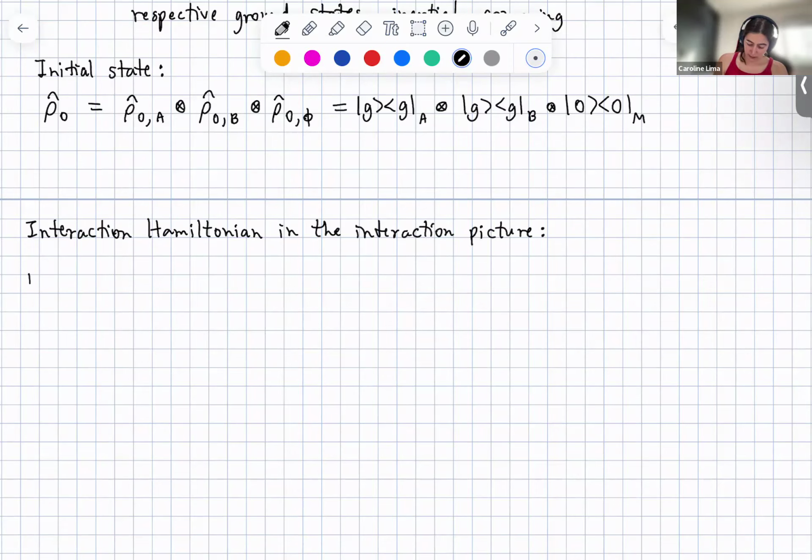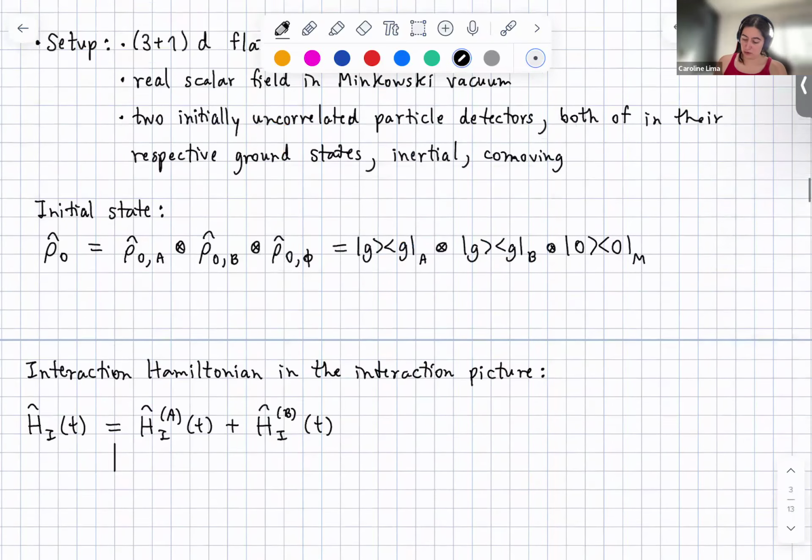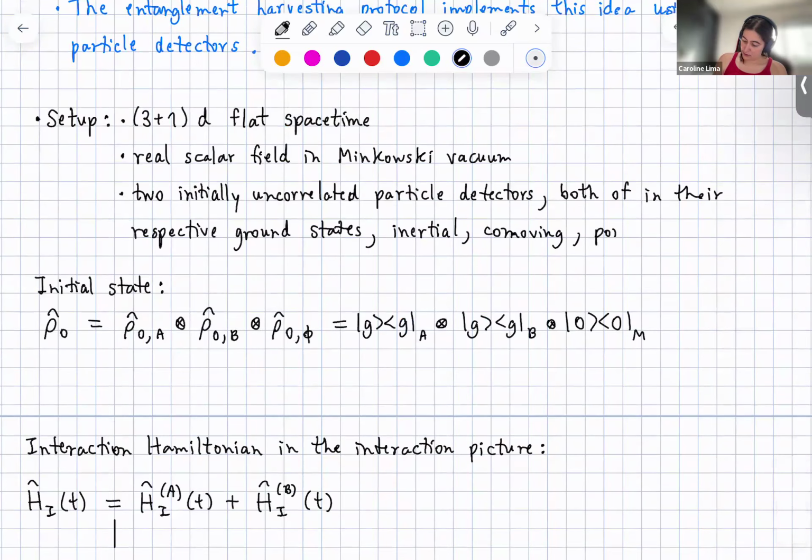What this is going to be is simply the Hamiltonian for A plus the Hamiltonian for B. Which means that, if you remember the form of each of those Hamiltonians that I said before, oh, I forgot to say that they are also point-like.